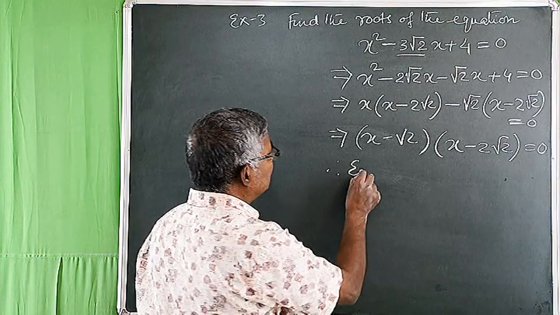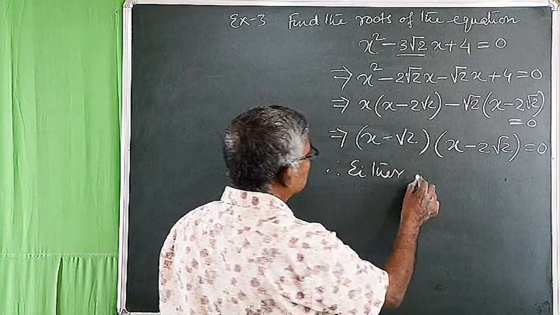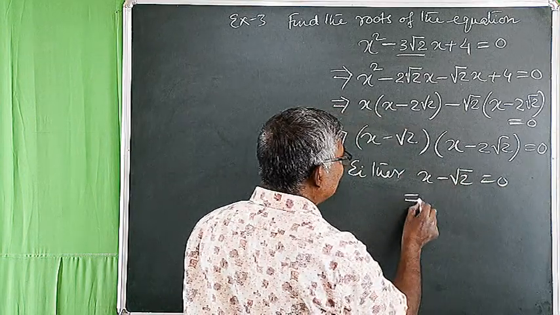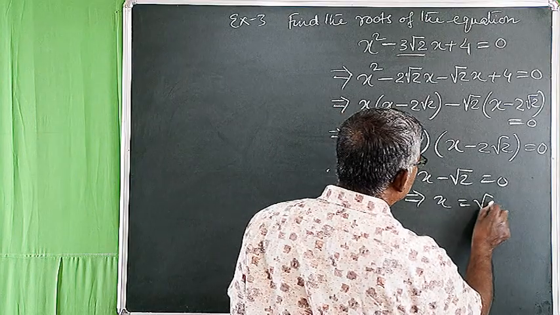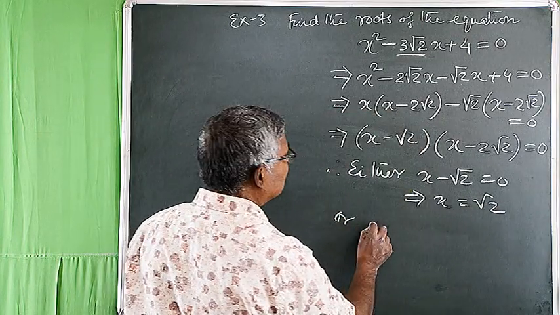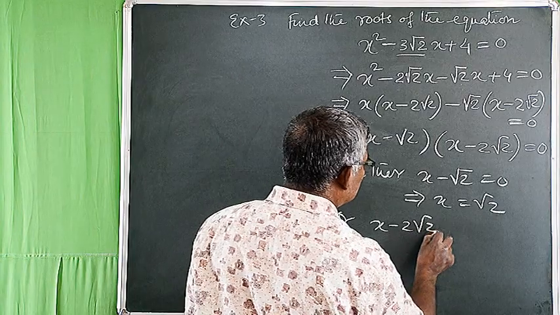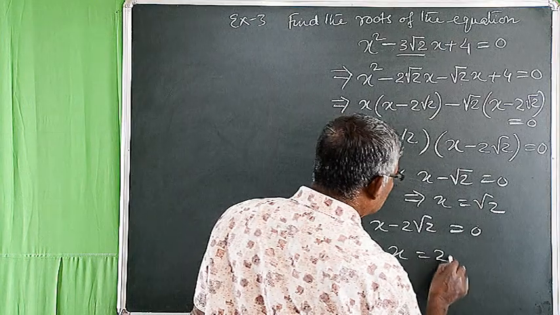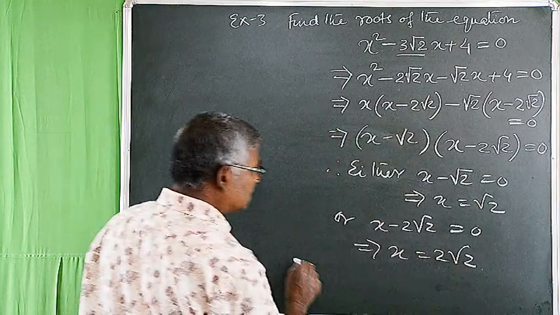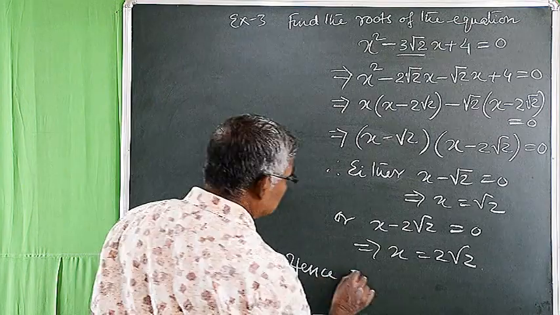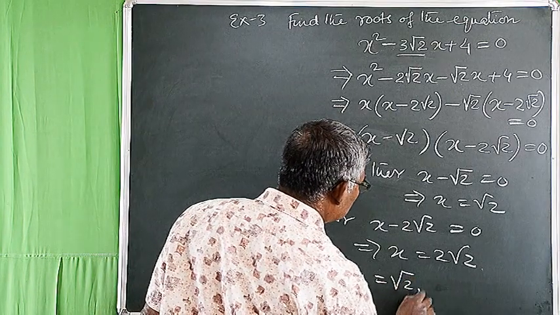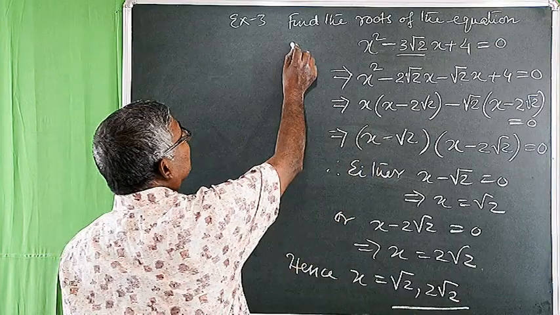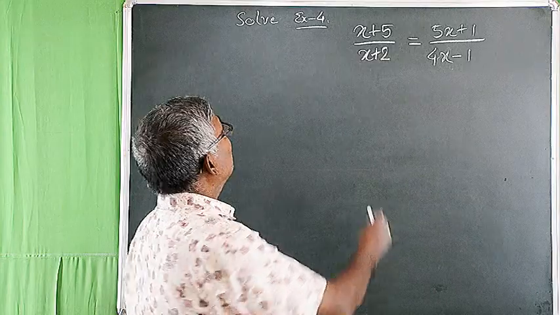Therefore, either x minus root 2 equal to 0, this implies that x equal to root 2, or x minus 2 root 2 equal to 0. This implies that x equal to 2 root 2. Hence, x equal to root 2 and 2 root 2 are the roots of the equation number 3. Let us solve the problem.